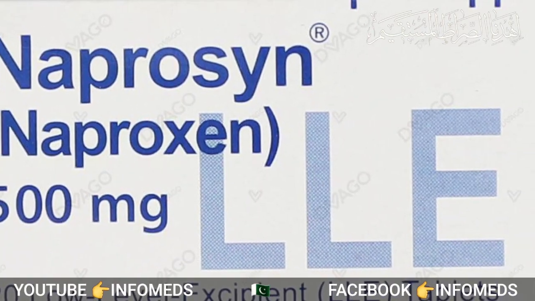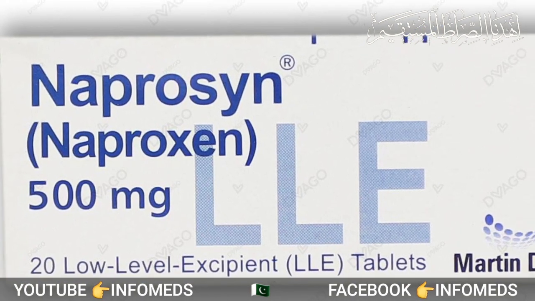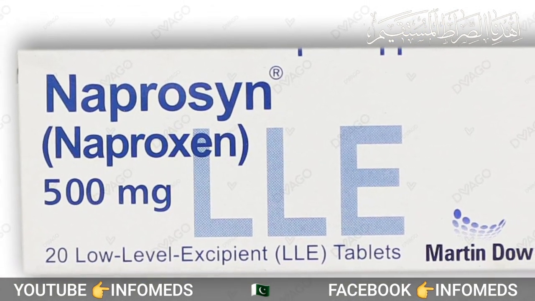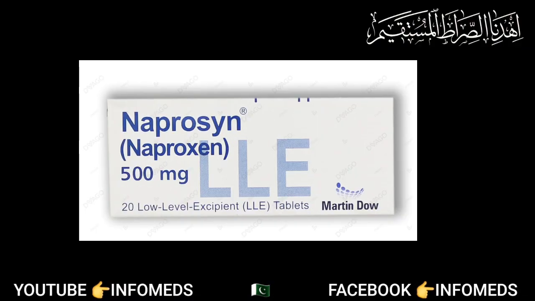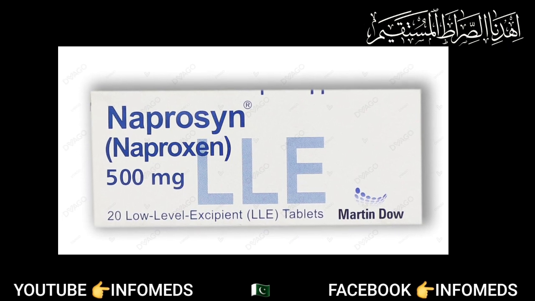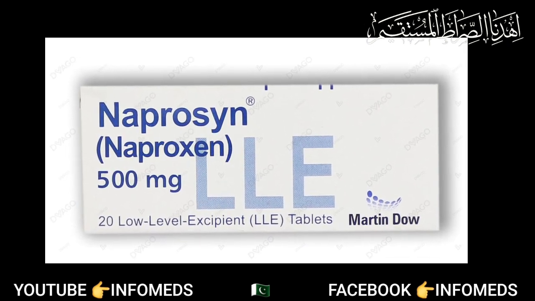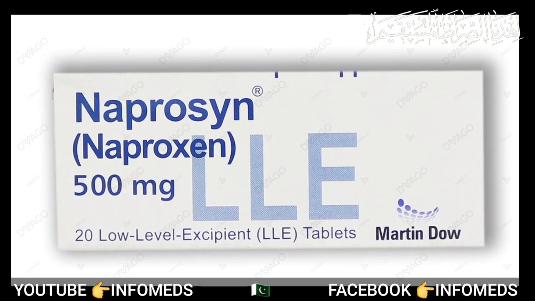Now we are going to talk about how to use these tablets, because if we are using naproxen tablets, we also need to know how to use them. First of all, take them during or after a meal, with 8 to 12 hours between doses.